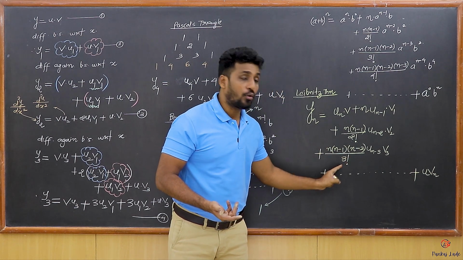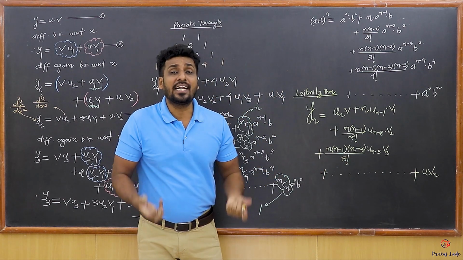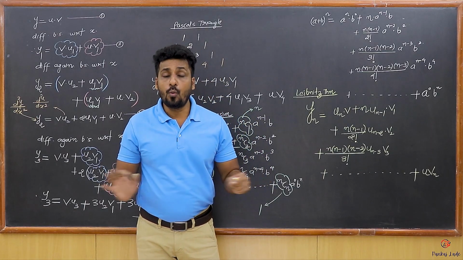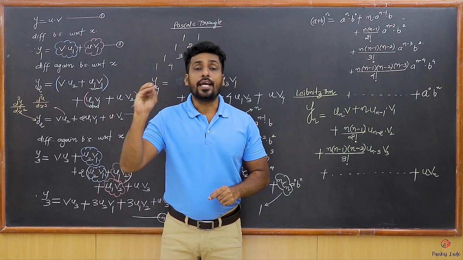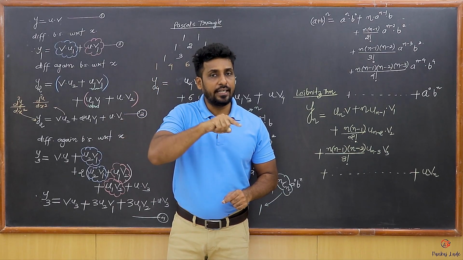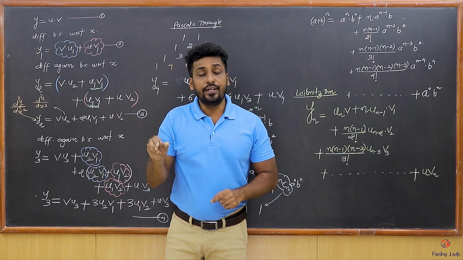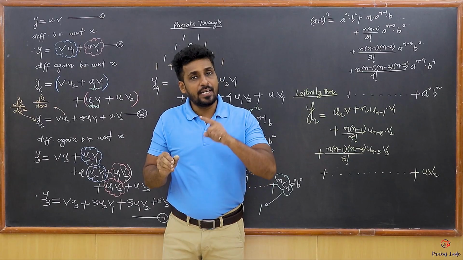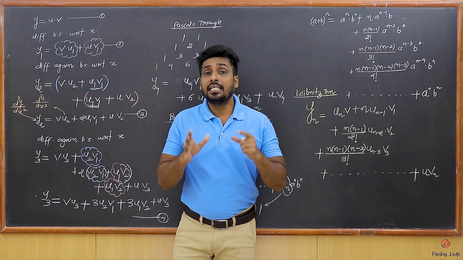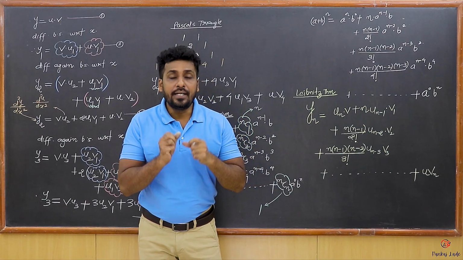You have 3 terms upon 3 factorial. So this is how you can easily remember the formula conceptually. There is no need to mug up, isn't it? So take U, keep on differentiating from nth order and keep on descending by 1 every single time. Take V, first time it is kept as it is, and then keep on ascending its derivative till the nth term. So students, this is what the Leibniz theorem is.